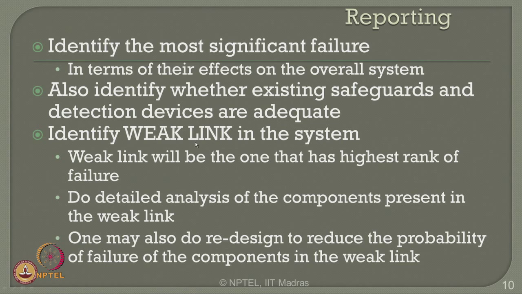So, identify the weak link in the given system, then do detailed analysis of the components of that system which are present in the weak link. Weak link may not essentially be only one component. It can be a series of components for which we have got to do a detailed analysis. If so, then one may also redesign the entire weak link to reduce the probability of failure of these components in a given weak link.